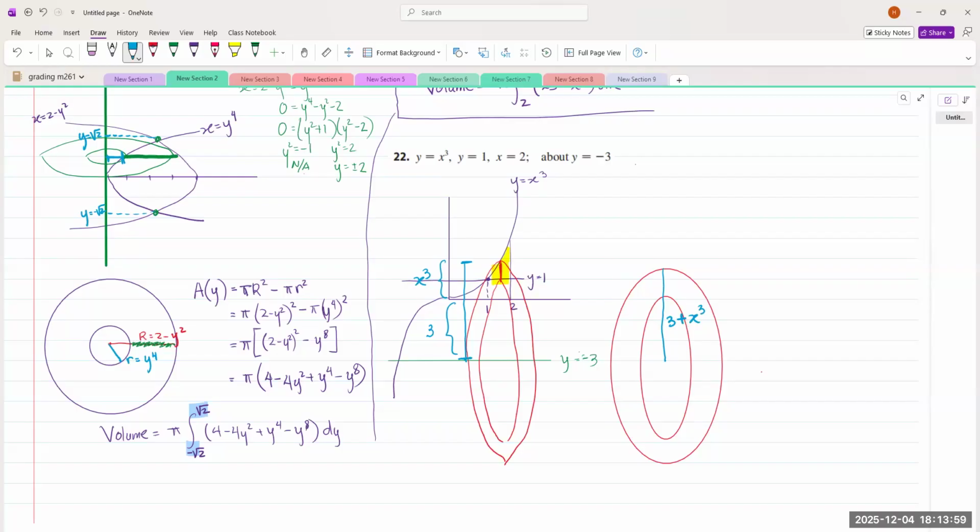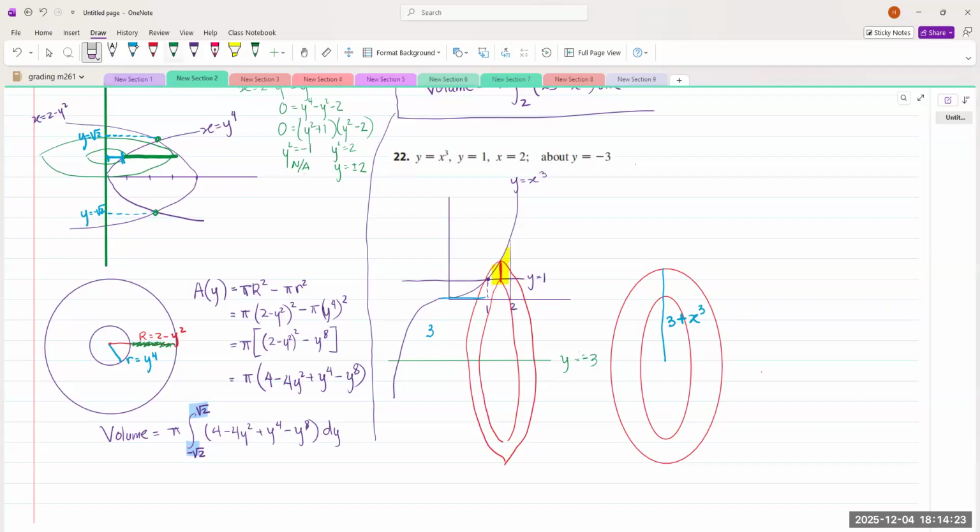Again, the first 3 is the distance from y equals -3 to y equals 0, which is the x-axis. And then from the x-axis to that part here is x cubed. So that's the bigger radius.